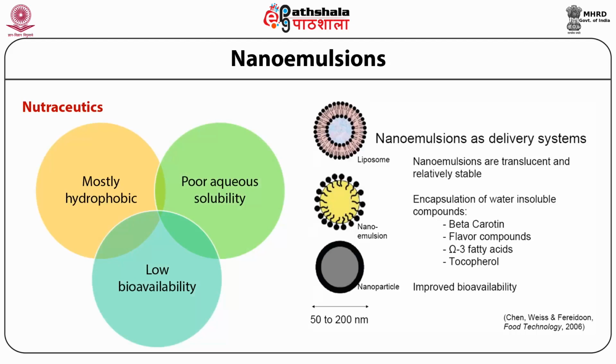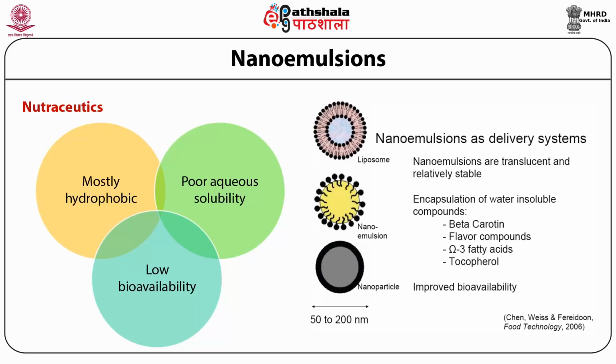What does this mean? This means that if we are consuming these nutraceutics, only a very small percentage of it will be bioavailable or available to the body, because our body is 70% aqueous. Therefore, nanotechnological applications have looked into increasing the aqueous solubility of these kind of formulations, and the most popular kind of formulation in foods is nanoemulsion.